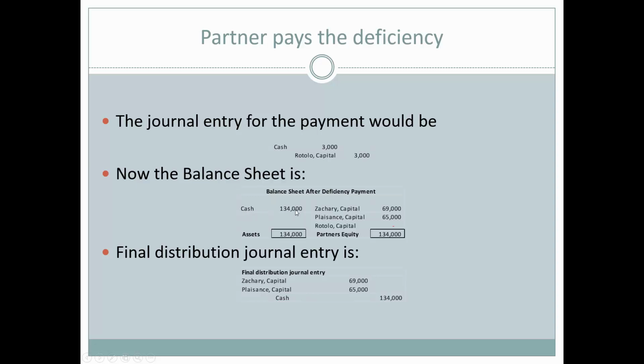Now the cash has gone up from 131,000 to 134,000. We have two partners with credit balances, and those total to 134,000. And so we're going to do the final distribution according to their ratios. So Zachary will get 69,000, Plaisance 65,000, and cash will be credited and zeroed out.